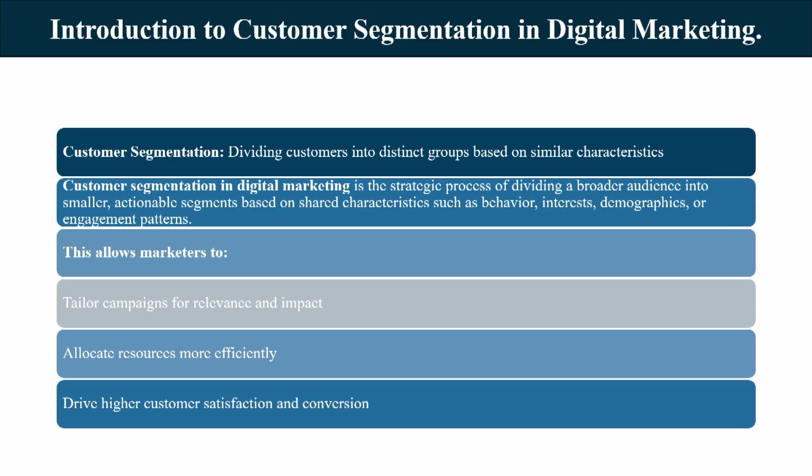Dividing the heterogeneous market into homogeneous groups is what we call customer segmentation. Within the groups, there will be people who are similar in nature. So, the groups can be formed, let us say, in terms of demographic variables, geographic, psychographic, value based or behavioral variables.